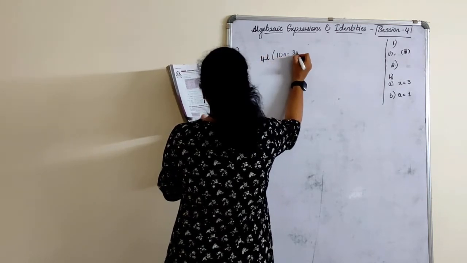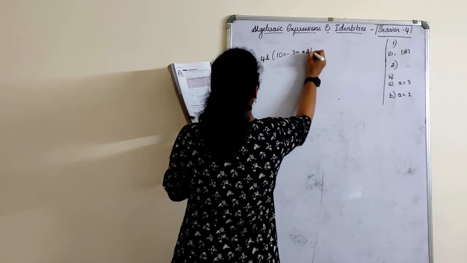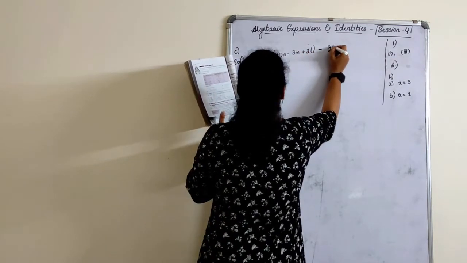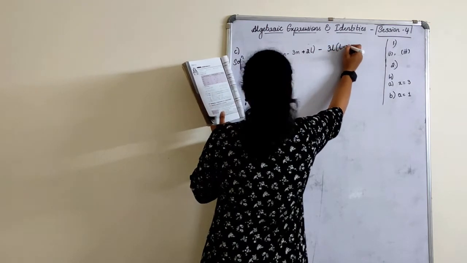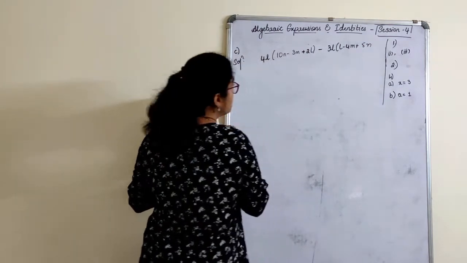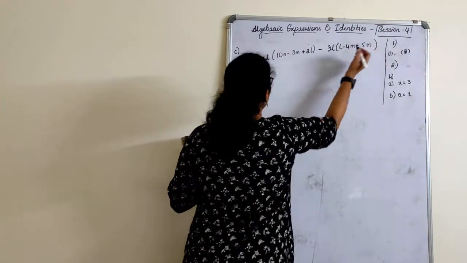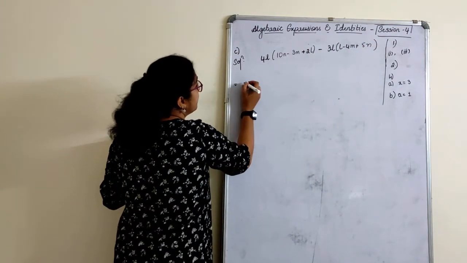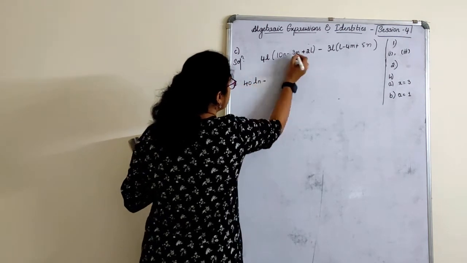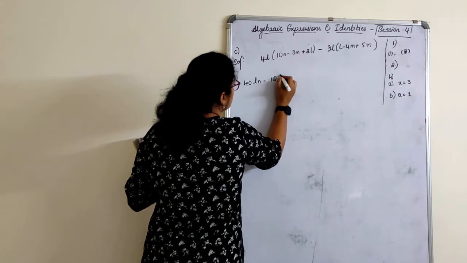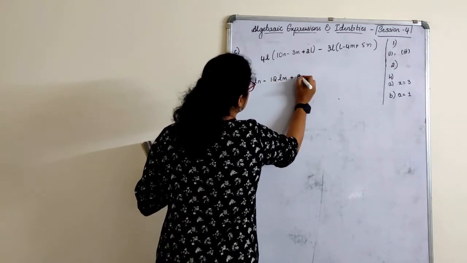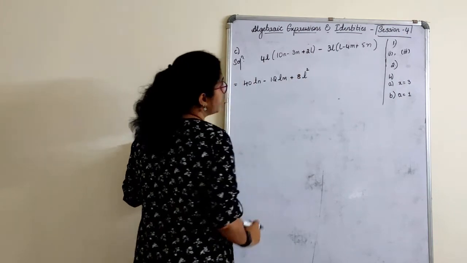10n minus 3m plus 2l minus 3l of l minus 4m plus 5l. Okay. Open the bracket first. 10 4s are 40ln minus 4 3s are 12ln plus 4 2s are 8 L square.